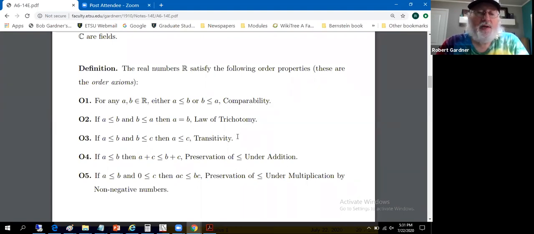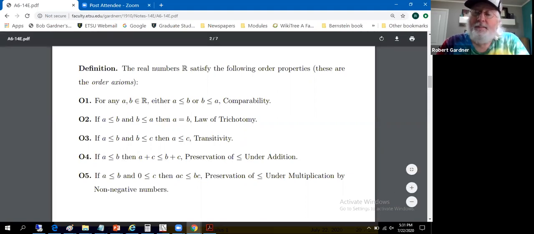Transitivity of inequalities. How inequalities interact with addition: if A is less than or equal to B, then A plus C is less than or equal to B plus C. Preservation of less than or equal to under addition.